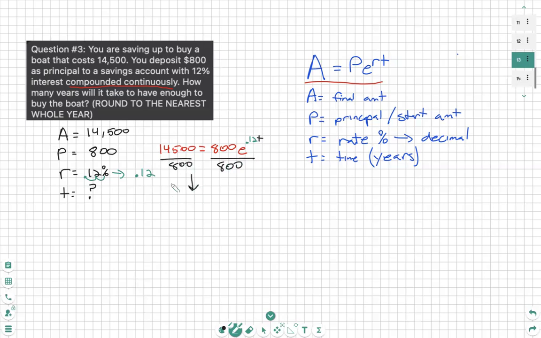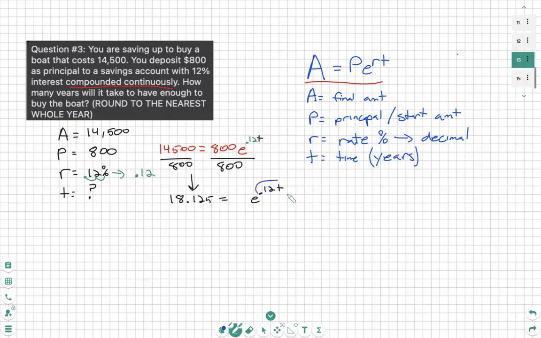Okay. When we take 14,500 divided by 800, we are going to get 18.125. And that is going to be equal to e to the 0.12 T. Now, this is where we need to think a bit and use the rules that we know.